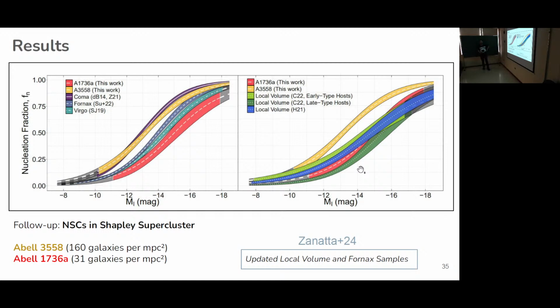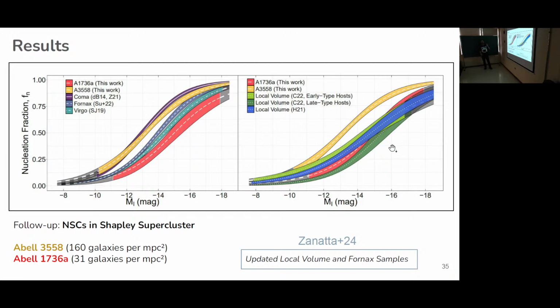And another thing that I will briefly point out, but it's not something that was the main aspect of our work: by using the updated local volume data, we were able to identify that the division between early type hosts and late type hosts in the local volume created a difference in the nucleation fraction too.